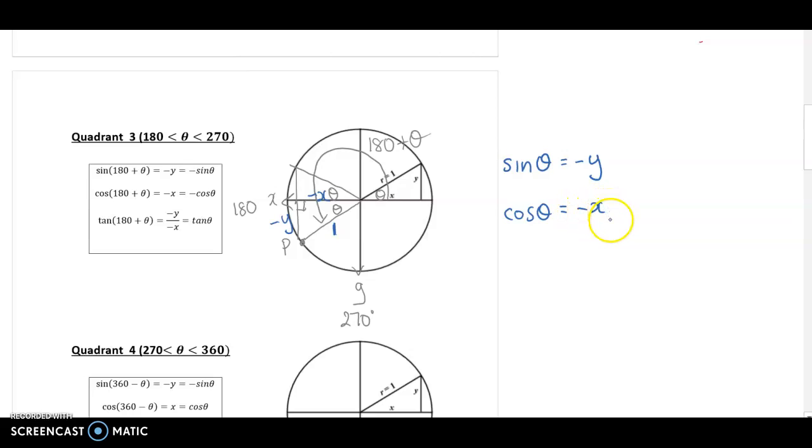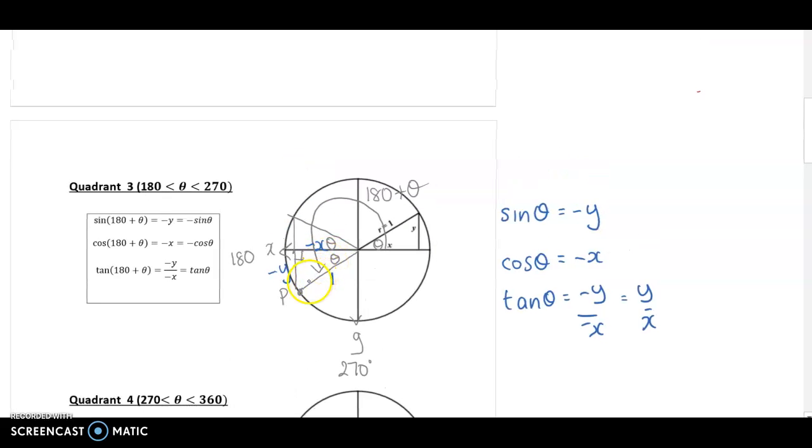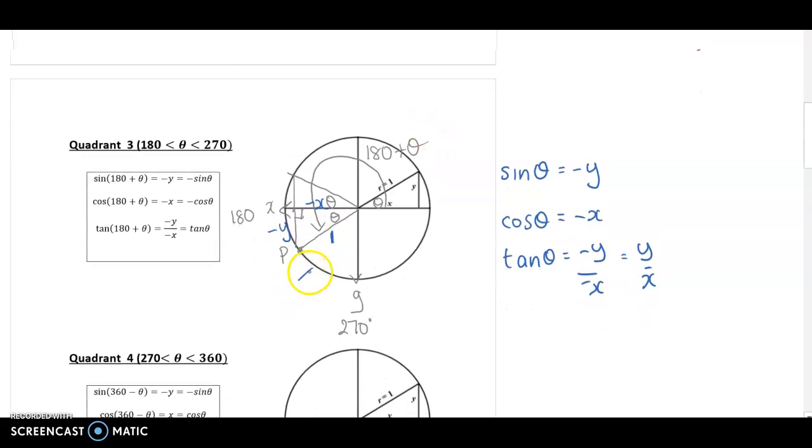So cos is also negative. Tan, however, of theta is opposite on adjacent, which is minus y on minus x. And our two minuses give us a positive. So tan is positive in this quadrant. So we've had all positive in the first quadrant, only sine positive in the second quadrant. And we've got tan positive in this quadrant.